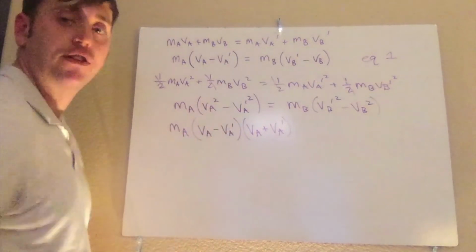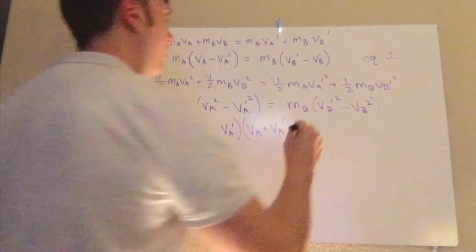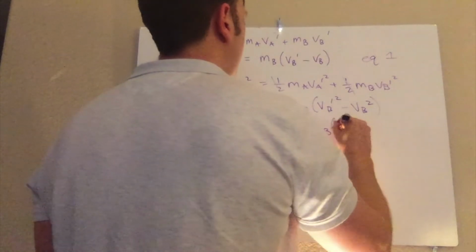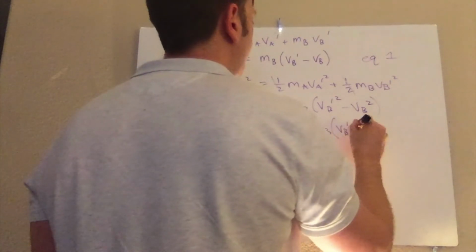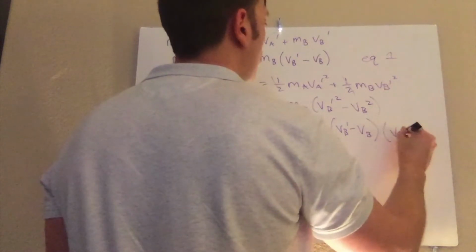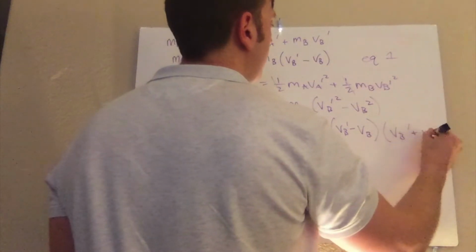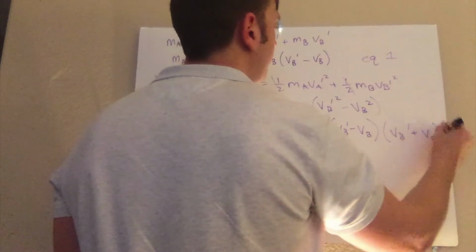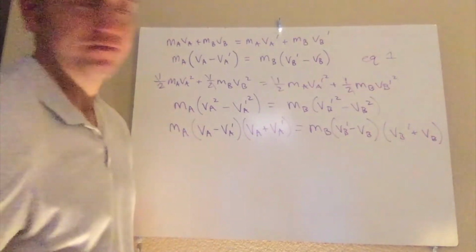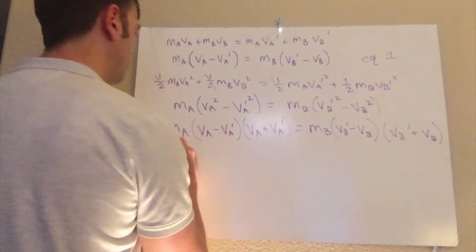That's how this factors out. Do the same thing on the other side. I have MB, I have VB prime minus VB, and then VB prime plus VB. Okay, now that doesn't look like much, but we're almost done. Let me underline two terms for you.